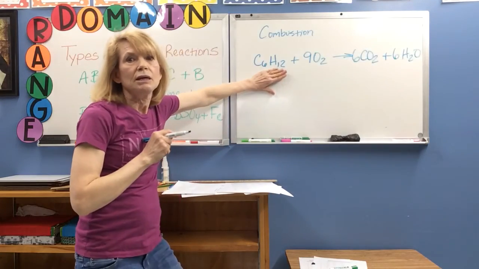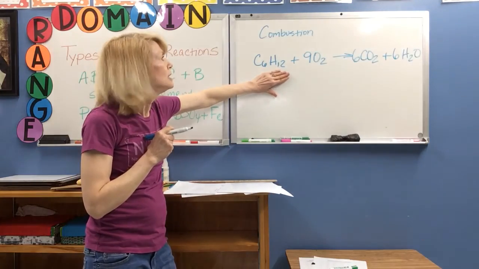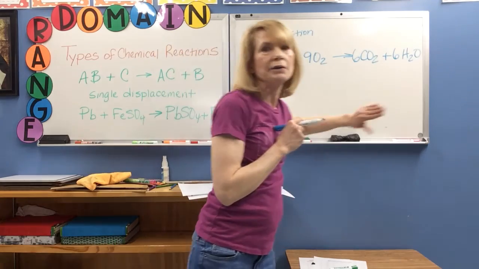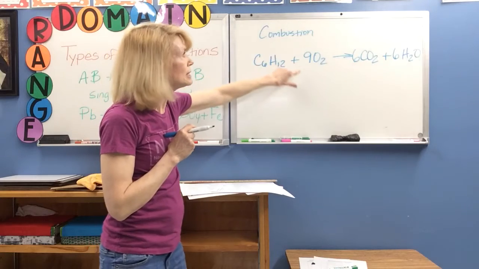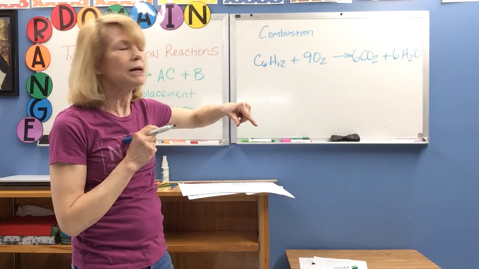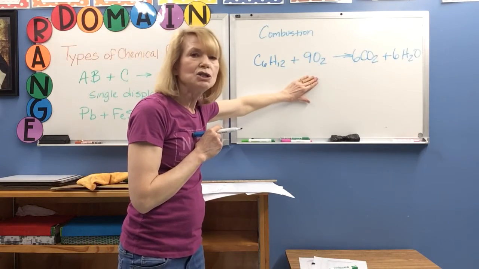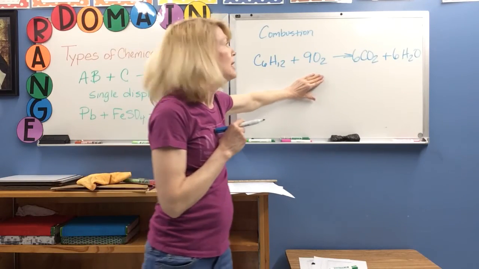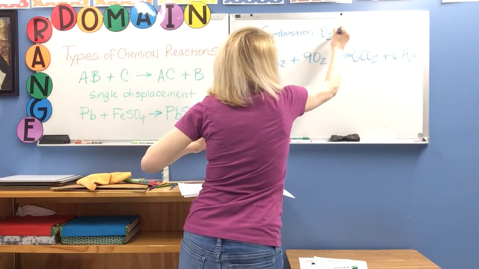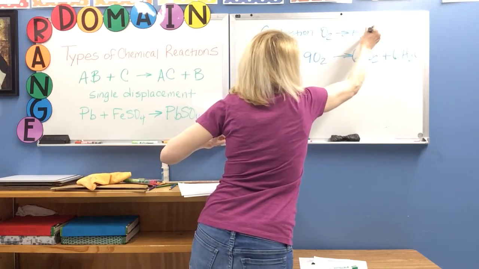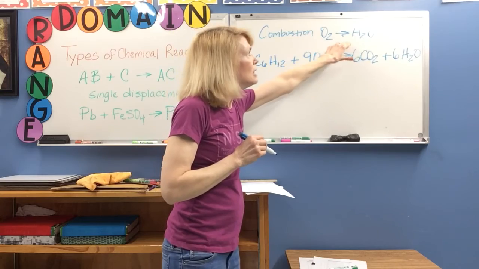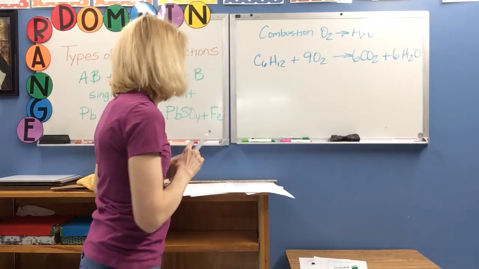This is glucose, sugar, body sugar, plus oxygen yields carbon dioxide and water. Okay, water is always going to be one of your products of your combustion reaction. So the way you can tell it's a combustion reaction is it has oxygen on the reactant side and water on the product side. So let's do that. O2, H2O. And that's not balanced, but you're going to have oxygen on one side and water on the other side of a combustion reaction.